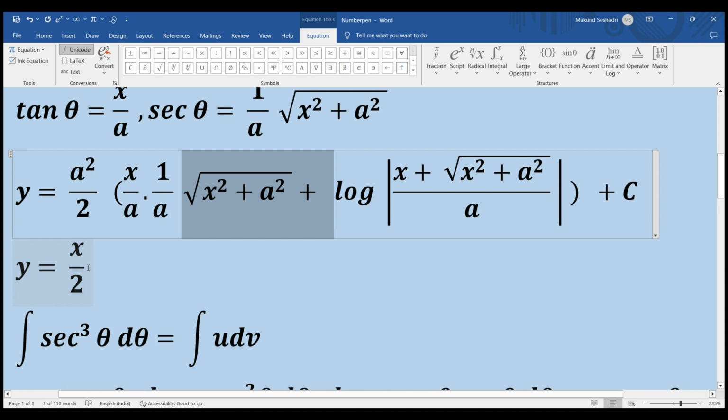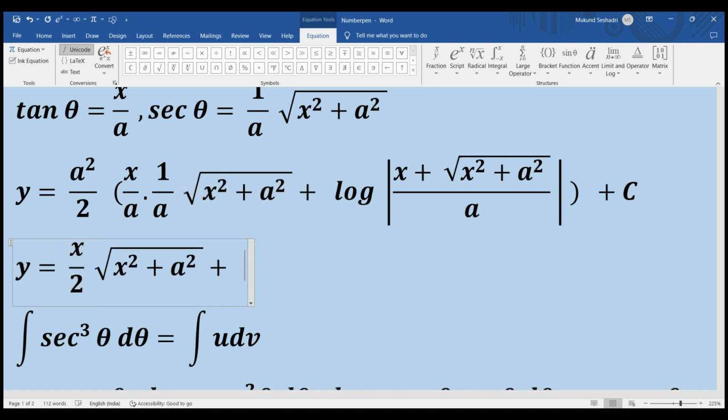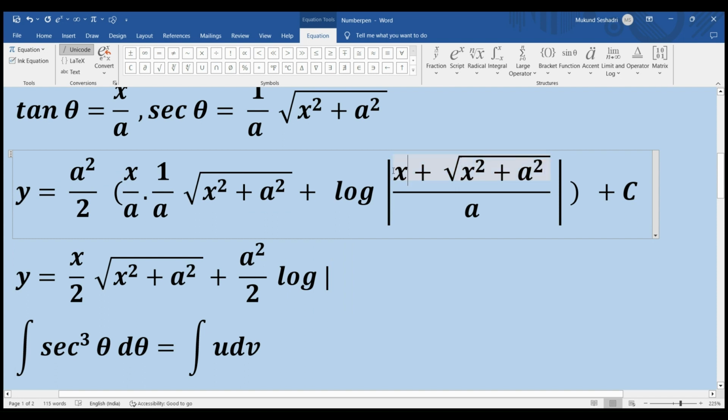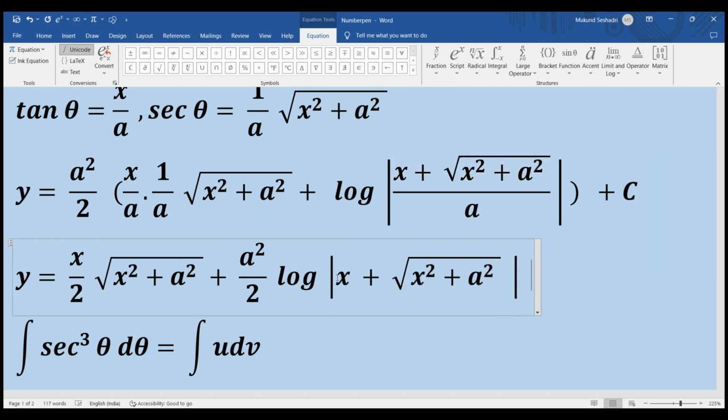And then I come to my part 2 and I have a log of mod of x plus square root of x square plus a square by a, which is nothing but log a minus log b kind of split, right? And remember, I have my a square by 2 as well. So when I use the formula log of a by b equals log a minus log b, I can combine the constant with the log a expression and express that as one single constant.